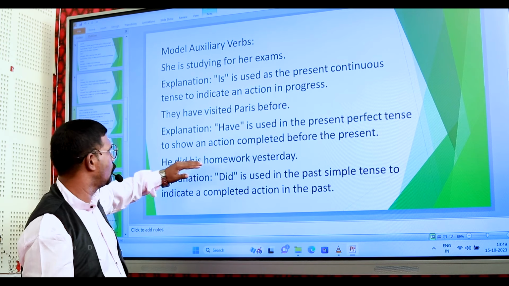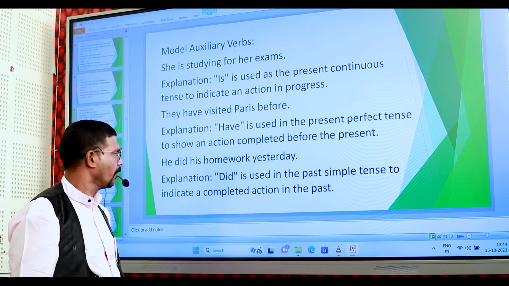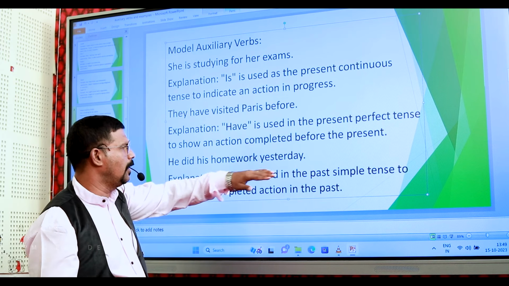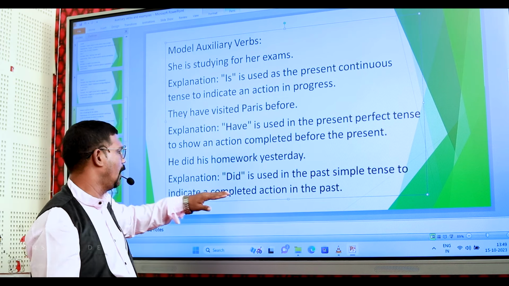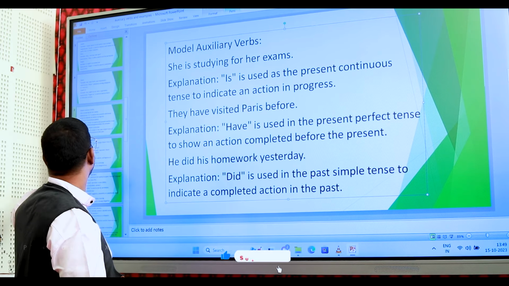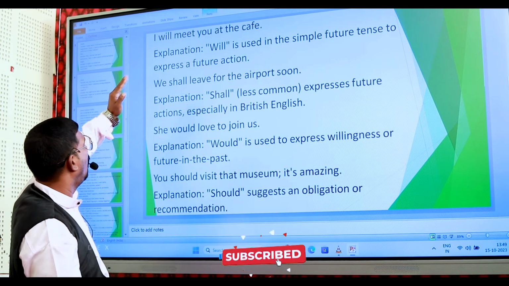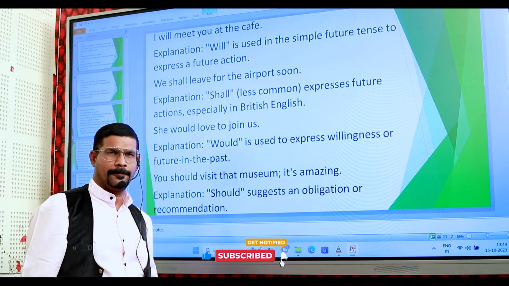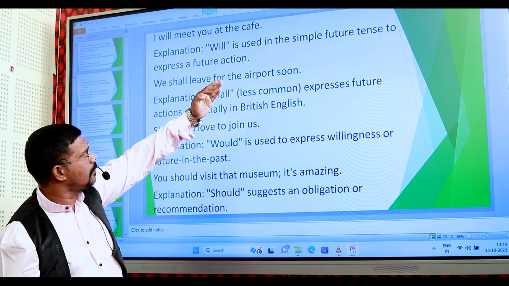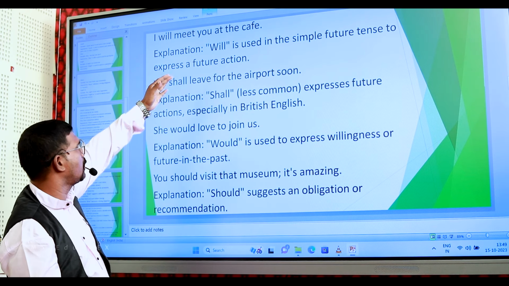He did his homework yesterday. Explanation, did is used in the past simple tense and indicates a completed action in the past. I will meet you at the cafe. Explanation, will is used in the simple future tense to express a future action.